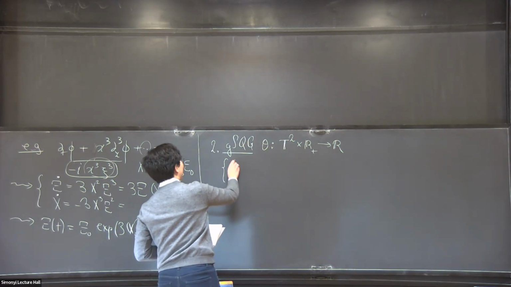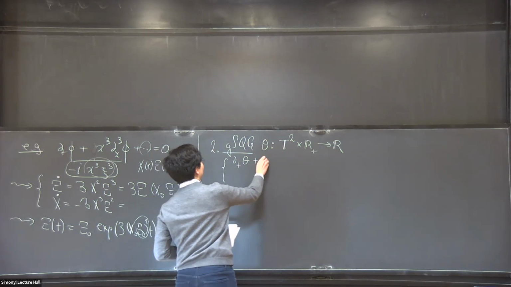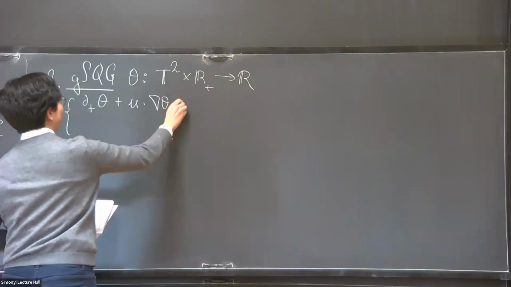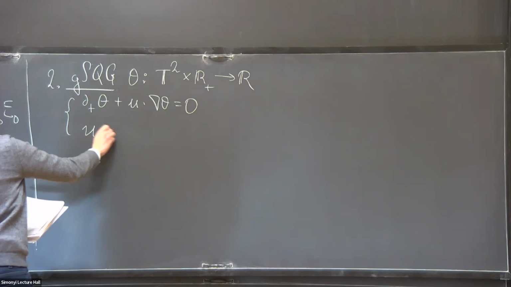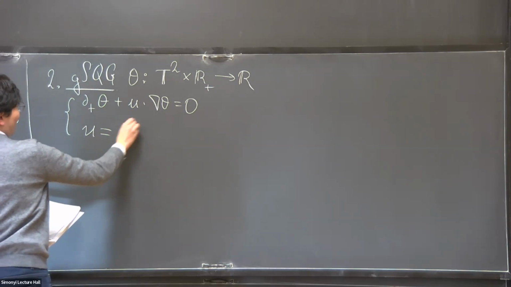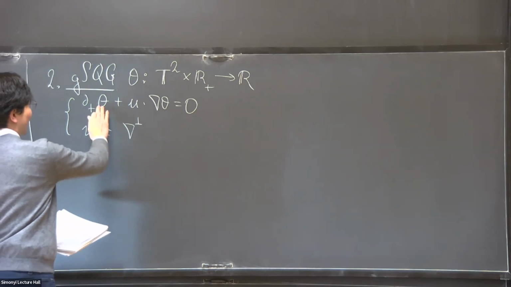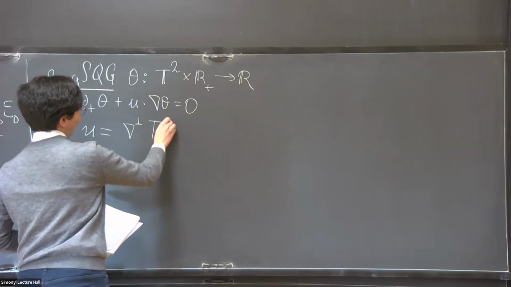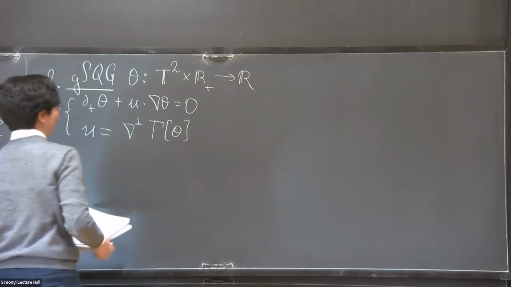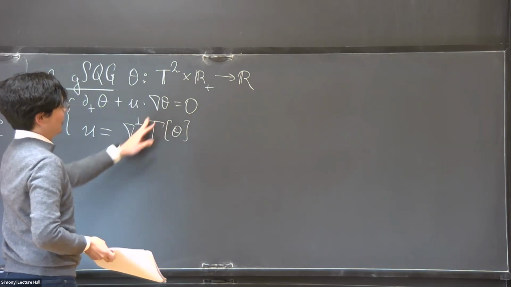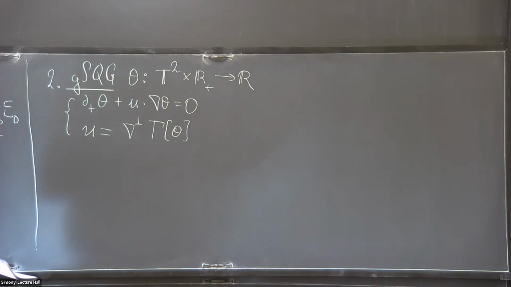And the evolution equation is just the transport in 2D. But at each moment of time, the velocity is determined from the scalar theta by some constitutive law. This is just some Fourier multiplier to be made precise.